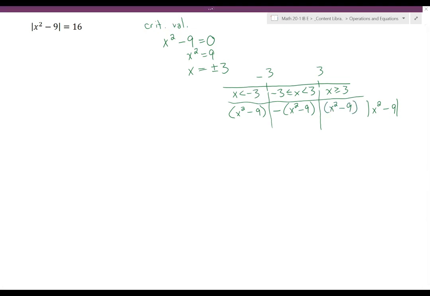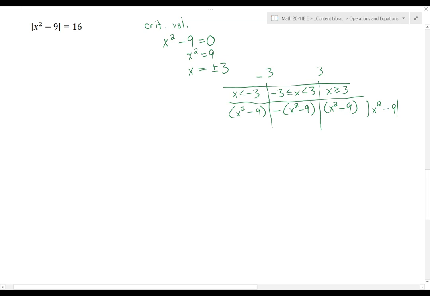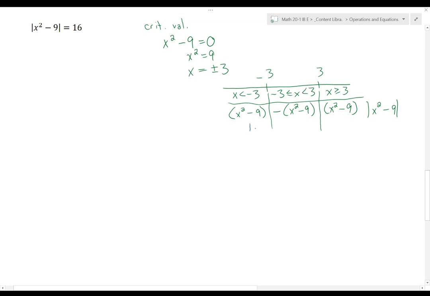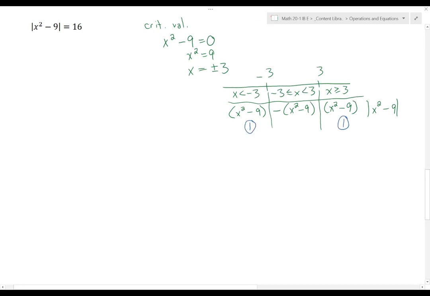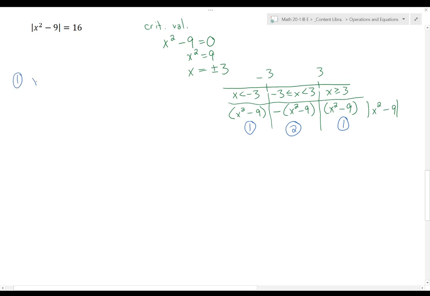So in this case, even though I have three intervals, I actually only need two equations, because both outside intervals, so x less than negative 3 and x greater than or equal to 3, can be represented with the same equation. And I need a second equation for that central interval. So the first equation is for values of x less than negative 3 or greater than or equal to 3.